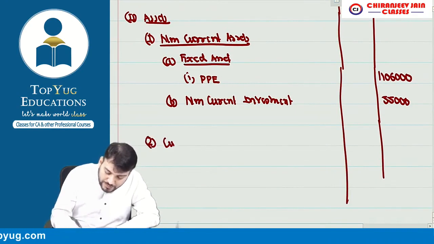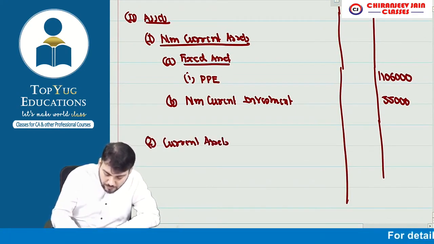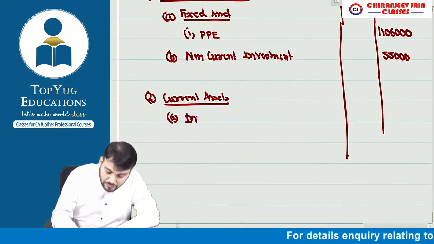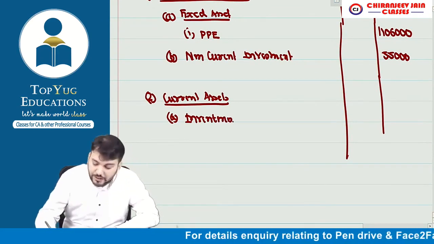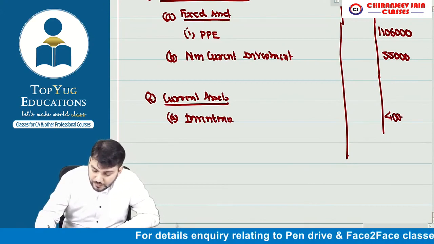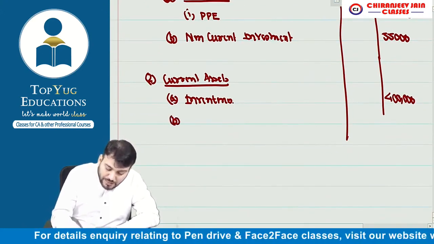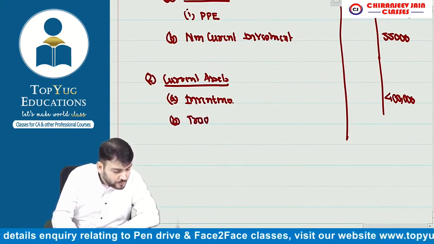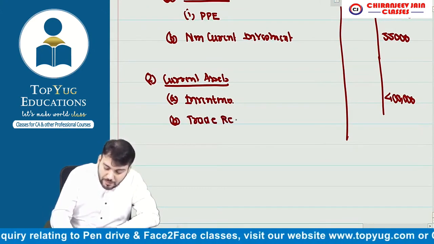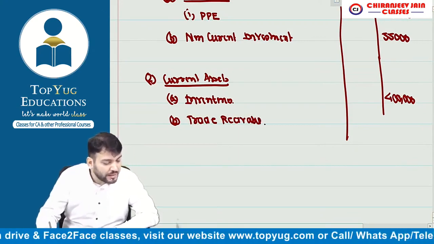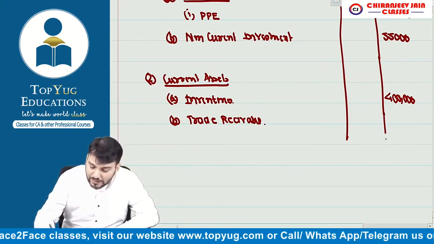Then come to current assets. Point number 2, current assets. Point number A, inventories. In inventories there is no change. So inventories, how much? 4 lakh. Then debtor is reduced by 30,000, so trade receivable. How much has trade receivable become? 4 lakh 39 minus 30 means 4 lakh 9,000.